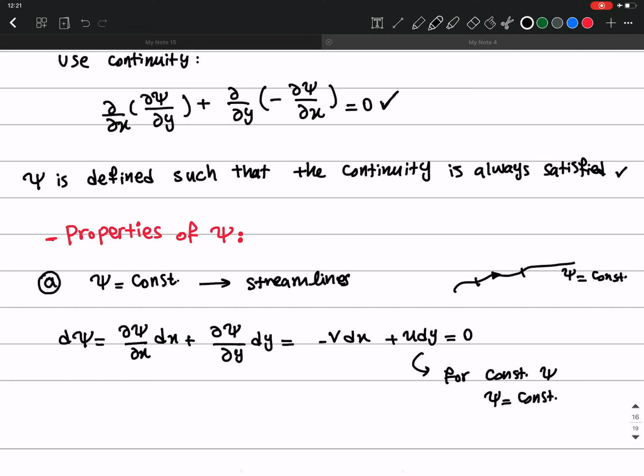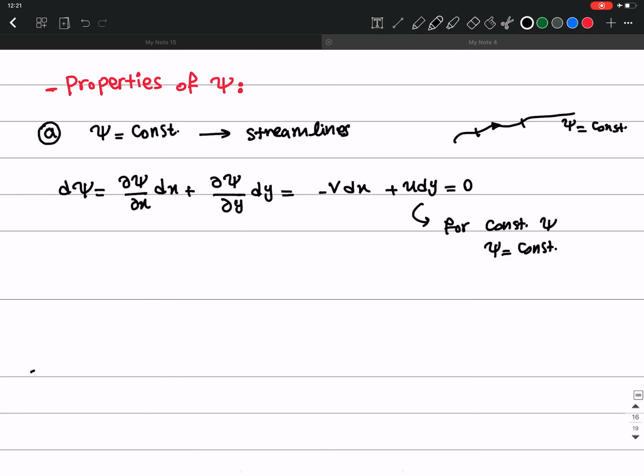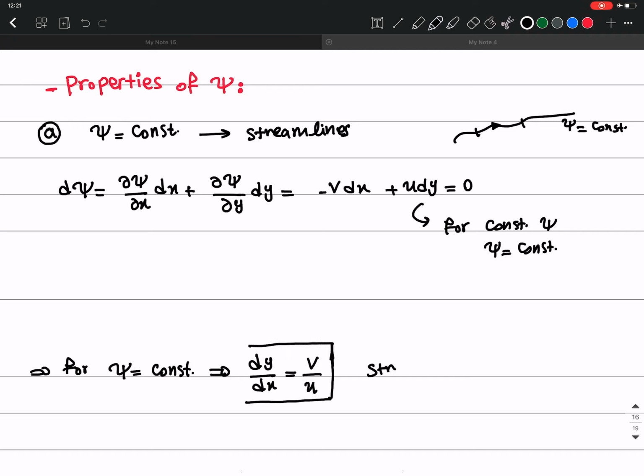Okay. So now let's see what this entails. For psi equals constant, from this equation, dy over dx equals, I take the v dx to the right hand side and then rearrange the terms, v over u. And this is actually a streamline.